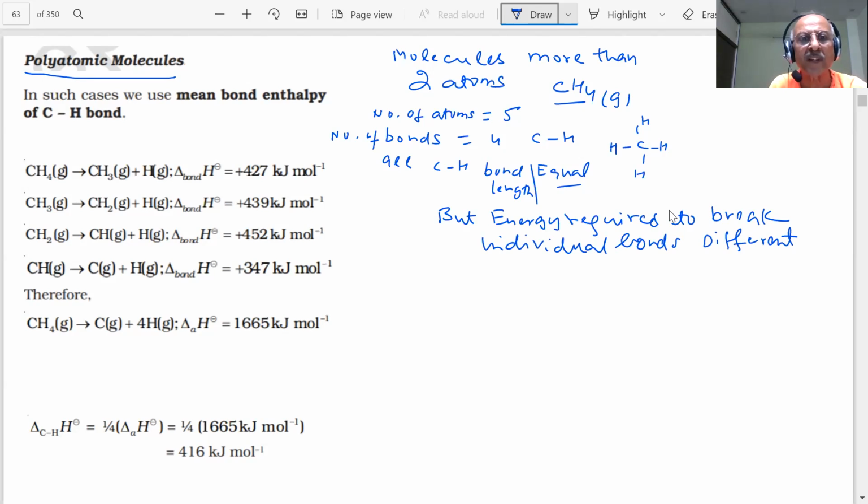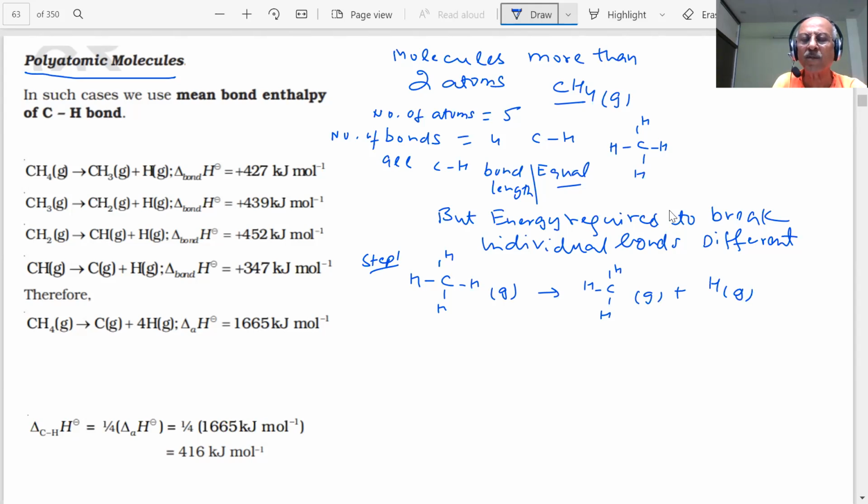Then how are the bonds breaking? You have CH4. In step 1, one bond breaks. You will get CH3 plus hydrogen gas.